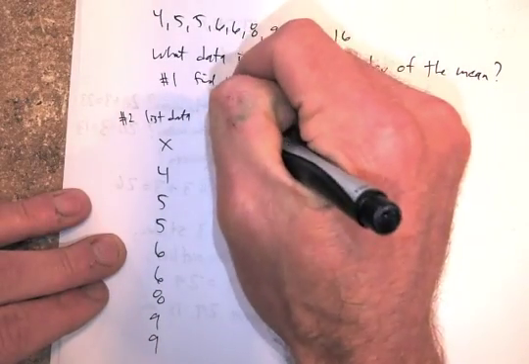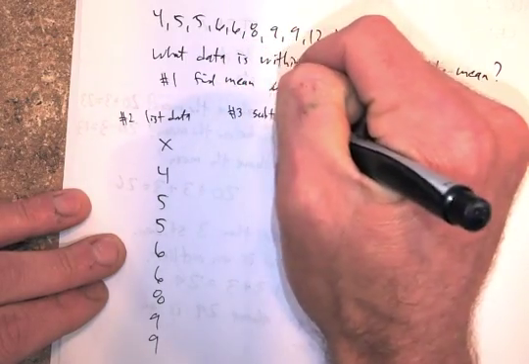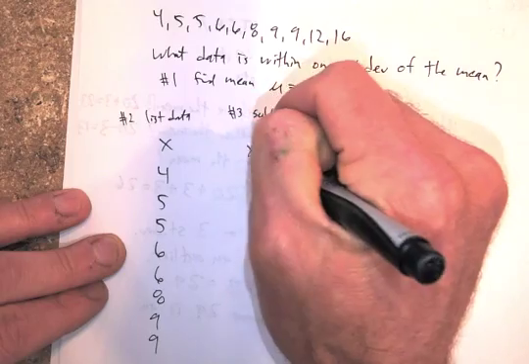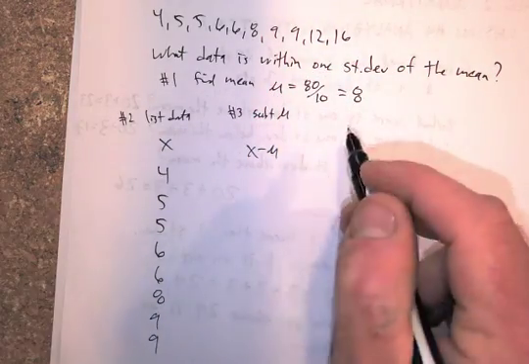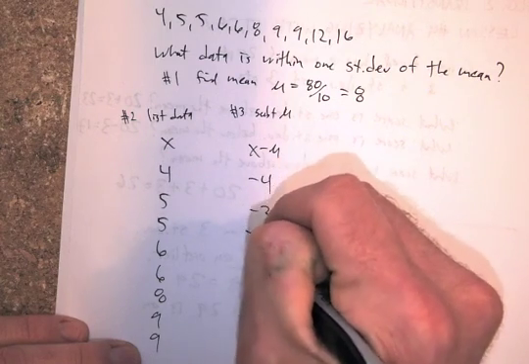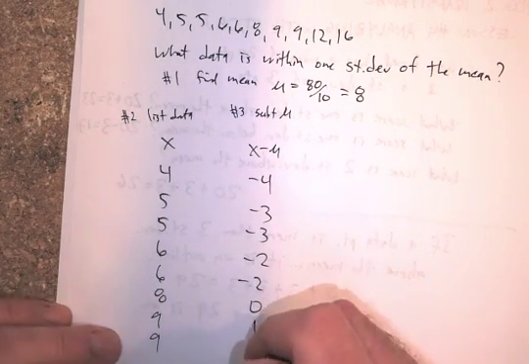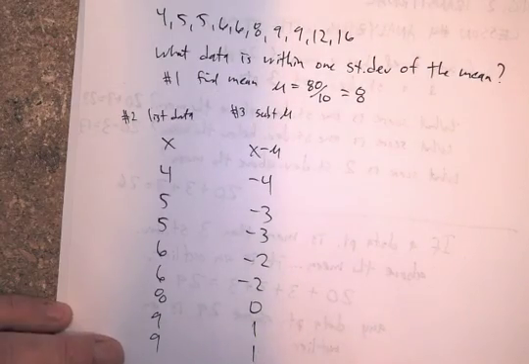Remember we did step number 3, we subtract mu. So we did x minus mu. So I'm going to do minus 8 on each of these. I'll save you the work. I'll just work it out quick. 0 here, right? 8 minus 8. 1, 1, 4, 8.